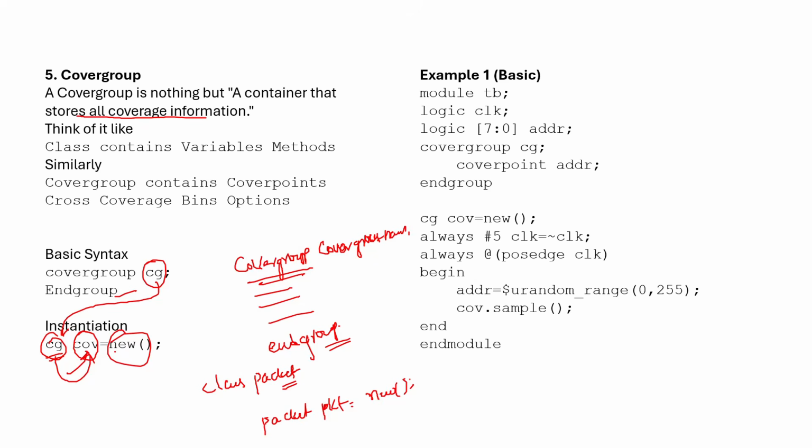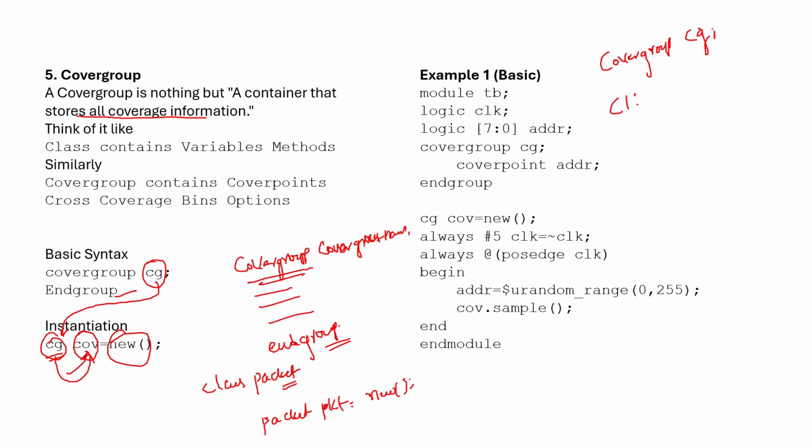Then what does our cover group contain? It also has some cover points. Cover points tell you what type of signals you are covering. Suppose I am writing my cover group, and the cover group name is CG. Inside that I need to write my cover point.